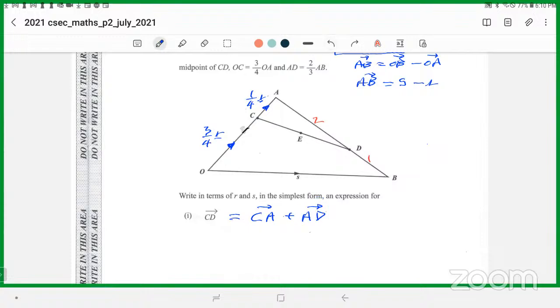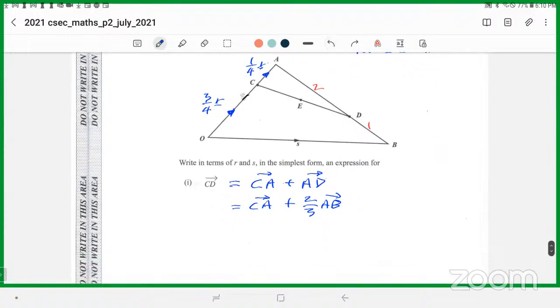So we have to write it. We put the CA back, which we know, and the AD now is 2/3 of AB, where we know AB now is this. So we can put in the values.